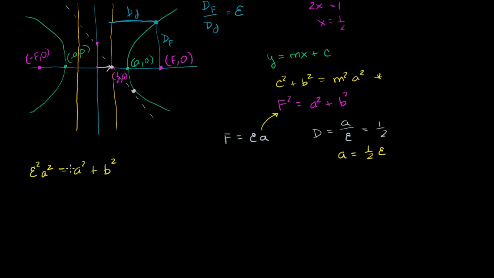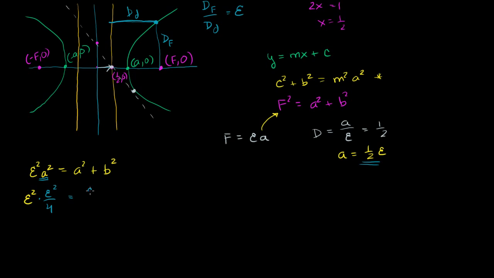So let's substitute that into this over here. So then we get eccentricity squared times a squared. Instead of writing a squared, let's just square this thing, because that's also a squared. So it's going to be times the eccentricity squared over 4. That's just a squared, I'm just substituting it.